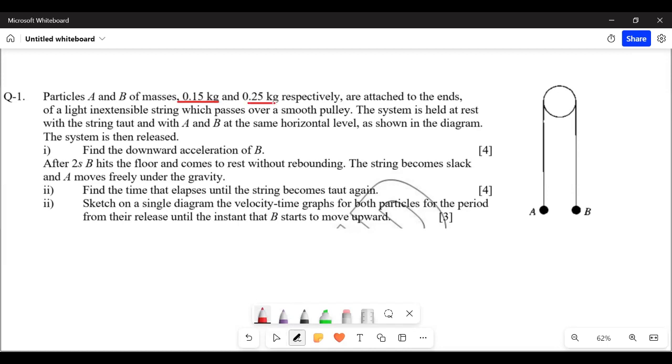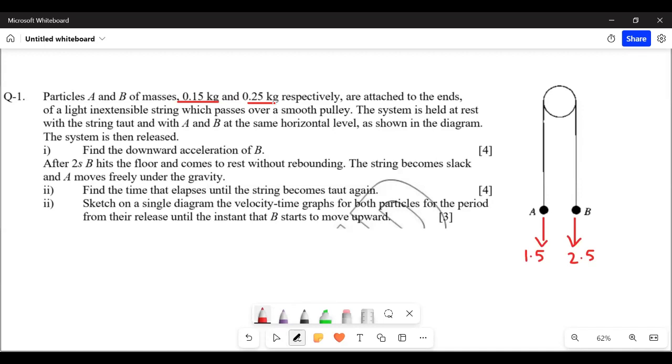If I have the mass, I can draw the downward pointing weights. So the first weight is going to be mg, g is 10, so 1.5 newtons, and the other one is going to be 2.5 newtons. This is the weight. Are attached to the ends of a light inextensible string which passes over a smooth pulley.